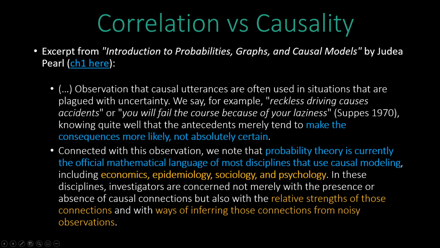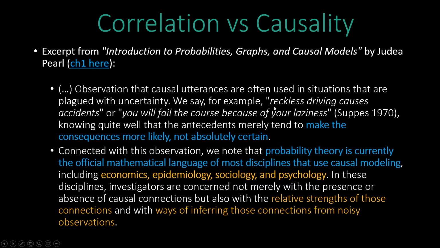Okay, but I will still take a small excerpt from there, and that would be this observation that causal utterances are often used in situations that are plagued with uncertainty. This is a continuation of a sentence, but basically it relates to correlation and causality.